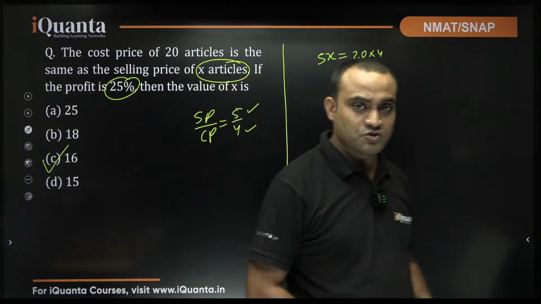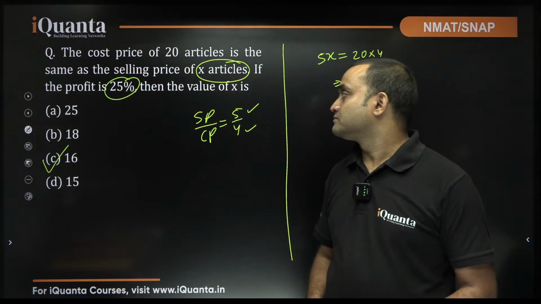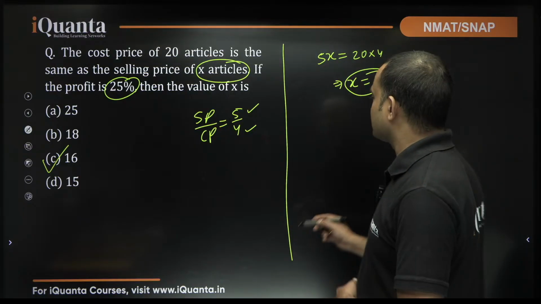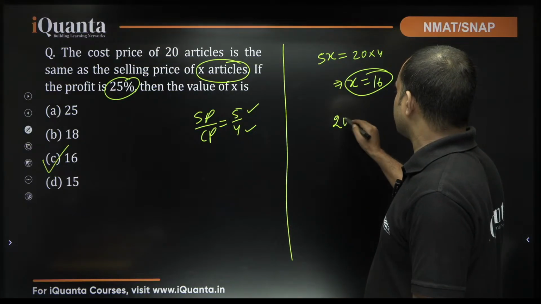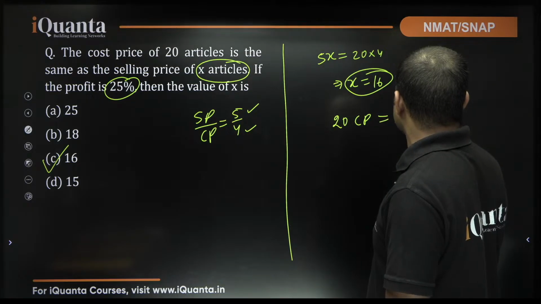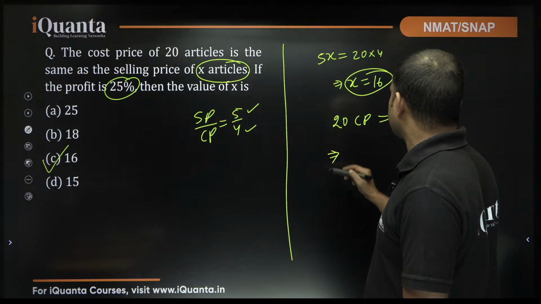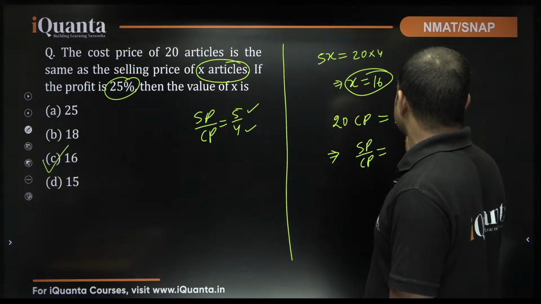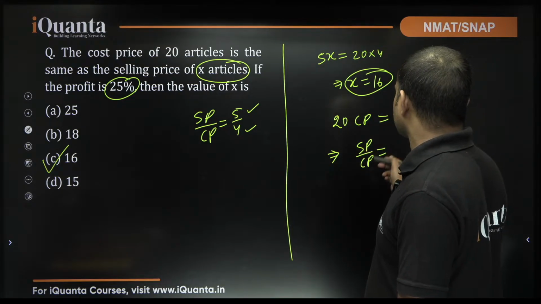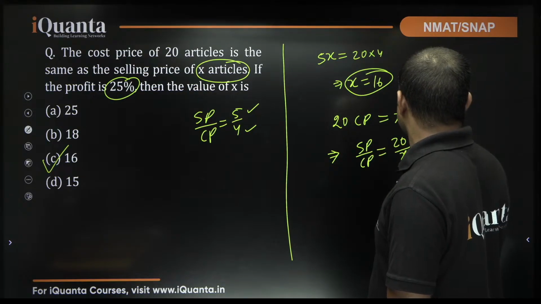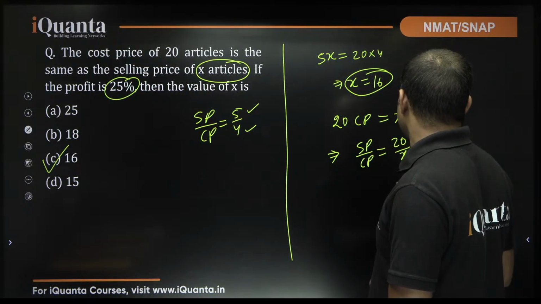Okay, the ratio is given. You can also solve it in this way: 20 CP is equal to X SP, or we can say that SP upon CP, SP of one product upon CP of one product, will be equal to 20 by X, and that is also equal to 5 by 4.